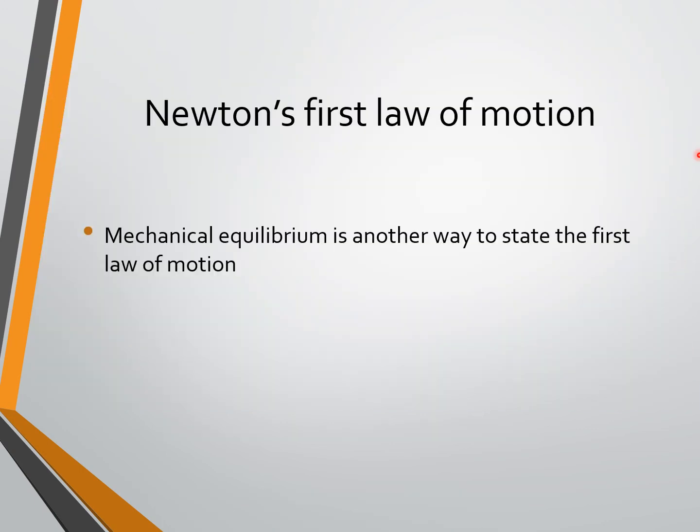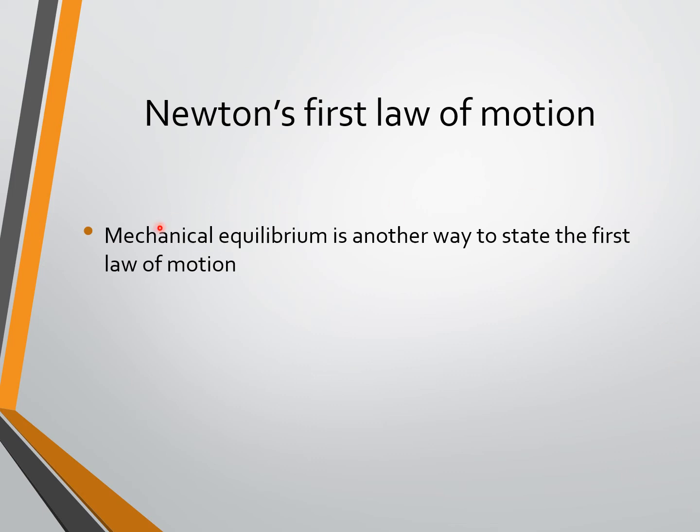So let's talk about Newton's first law of motion in some more detail. Newton's first law of motion is sometimes referred to as mechanical equilibrium. So there's a lot of names for Newton's laws of motion, and that's because they're really important for a lot of different reasons.